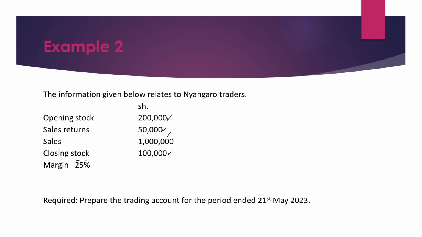Now that they have given us the margin, we ask ourselves, margin goes with the net sales. Are we able to get the net sales? Yes, it is possible. Net sales is equal to the sales minus sales returns, which is 1 million minus 50,000. We have 950,000. This is the net sales.